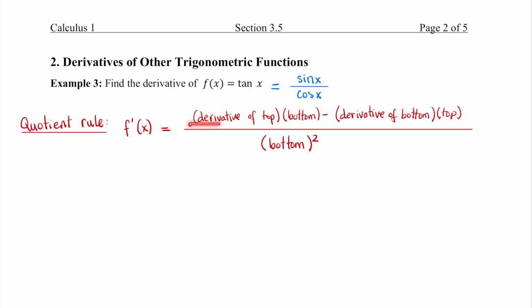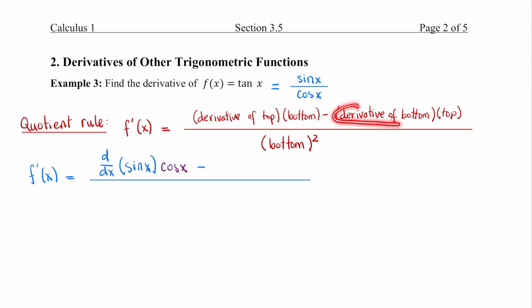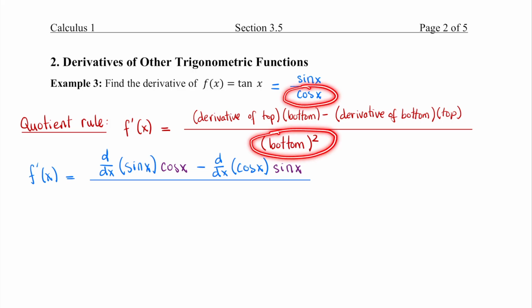So the derivative of the top function is the derivative of sine x, multiplied by the bottom function, which is cosine x, minus the derivative of the bottom function, which is the derivative of cosine x, times the top function, which is sine x, divided by the bottom function squared, which is cosine squared x.